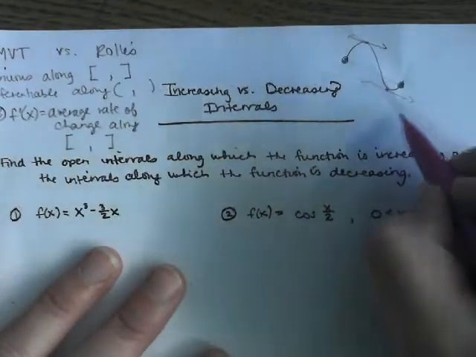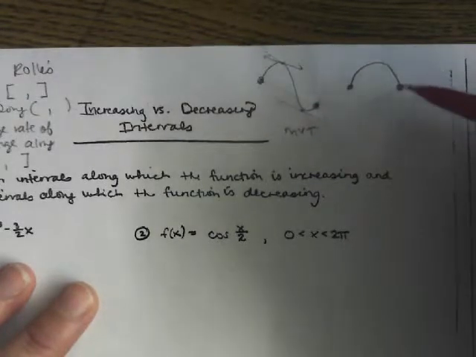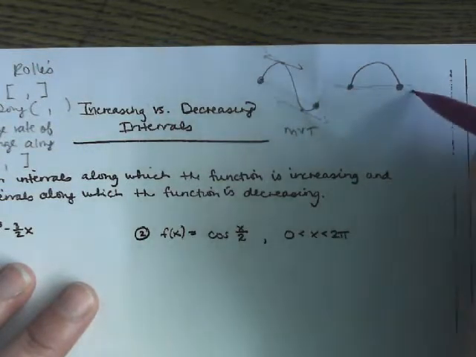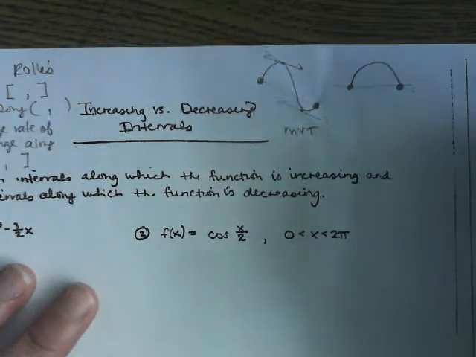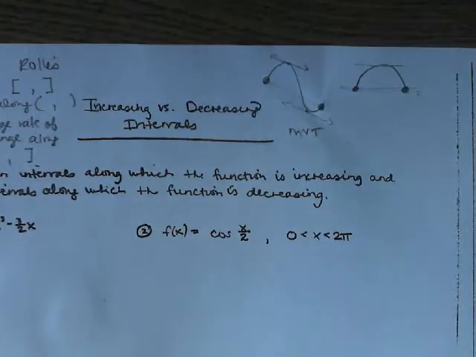That's the mean value theorem idea. Whereas Rolle's theorem has to start and end at the same level, so that the secant line would be a flat line, in which case you're always looking for, really, a max or a min, a relative max or a relative min. Capiche? Does that make sense? Okay.